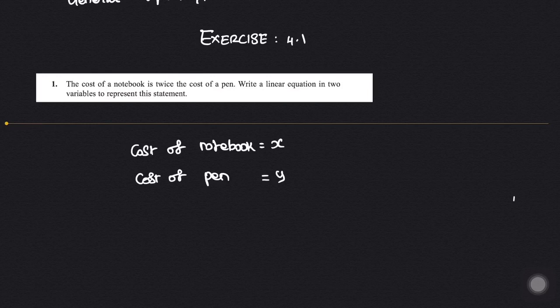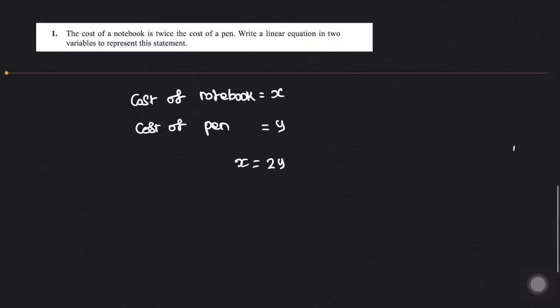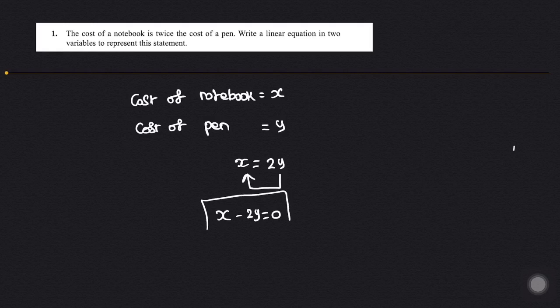The given statement: the cost of notebook is twice the cost of pen. That means x is equal to 2 times y. In the general format, the final equation is x minus 2y is equal to 0. So this is a linear equation.